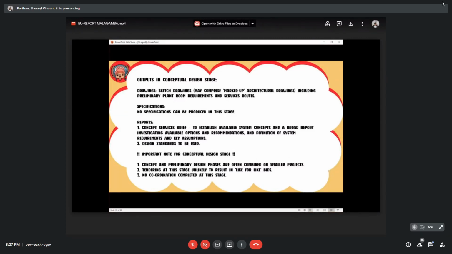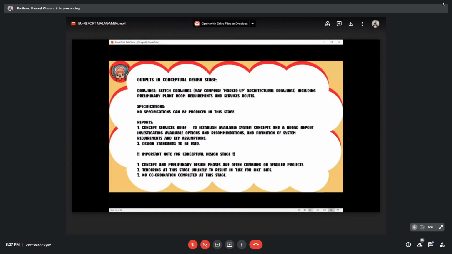And for the reports, the first is the concept services brief, to establish available system concepts, a broad report investigating available options and recommendations, and definition of system requirements and key assumptions. Second, design standards to be used.